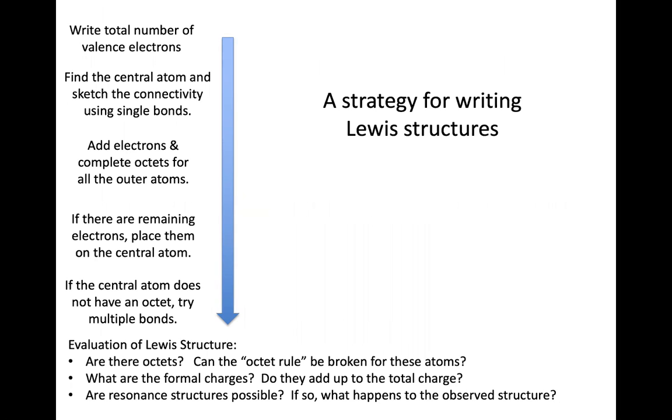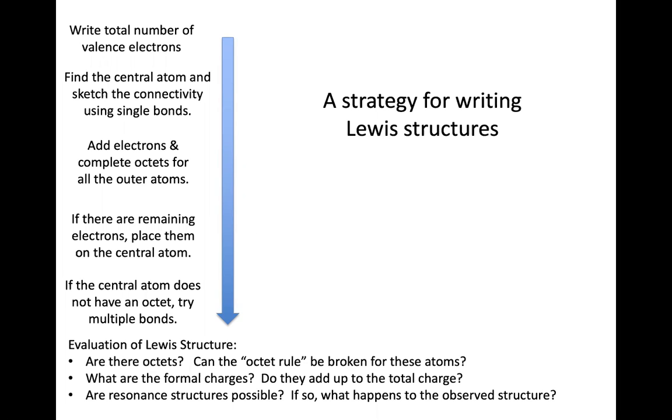The ones that I first introduced there, things like NH3, H2O, CH4, I think you're going to be quickly recognizing the correct Lewis structures for those, because we're going to be seeing those quite a bit. There's nothing wrong with quickly recognizing and saying, oh yeah, I know what H2O looks like. That's a great skill. But I want to give you a strategy that's a little bit more complex because it will always work.